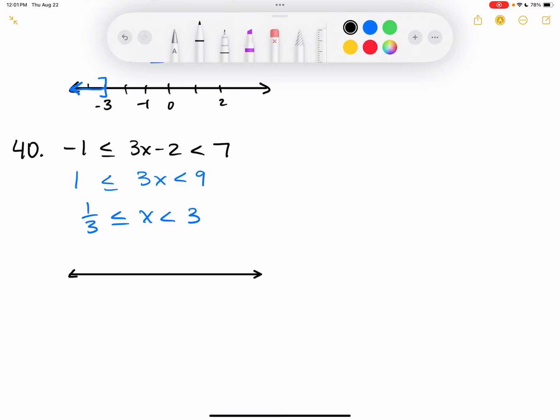So when I graph this, what is my graph going to look like for this? I mean, you could break it up.